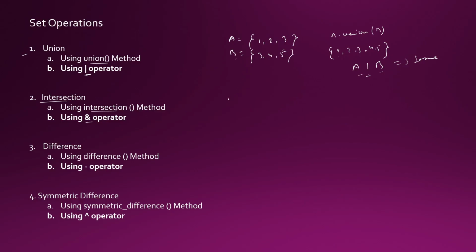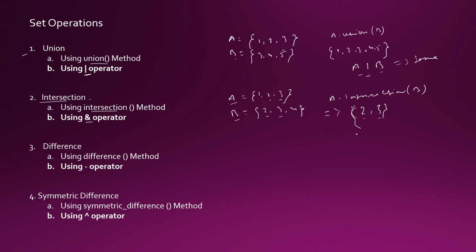So if I have A equal to 1, 2, 3, and B equal to 2, 3, 4, and we write A intersection B, then it will give me the answer 2 and 3, because in these two sets, 2 and 3 are common. So using intersection we just get the common elements from both sets.